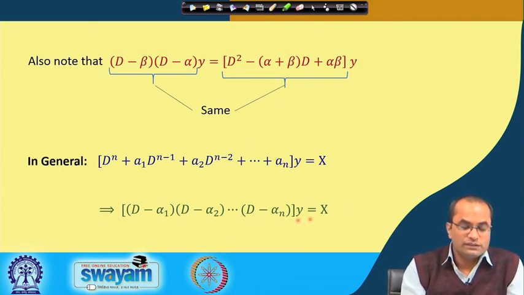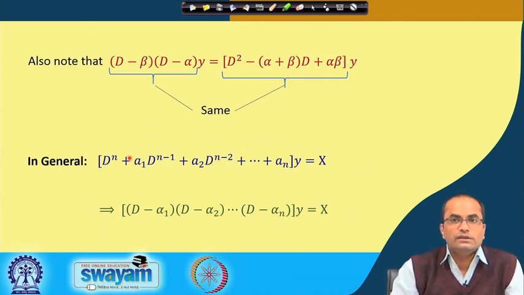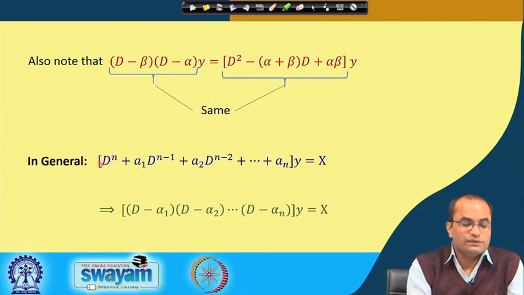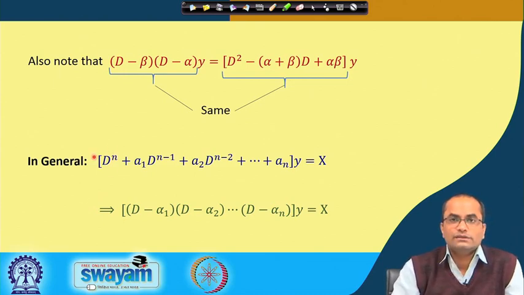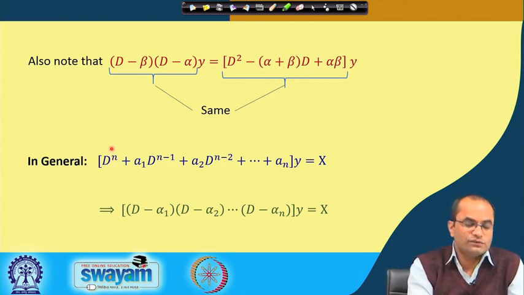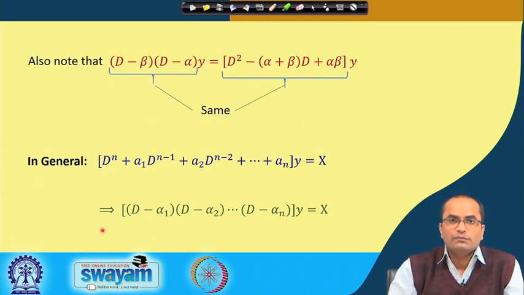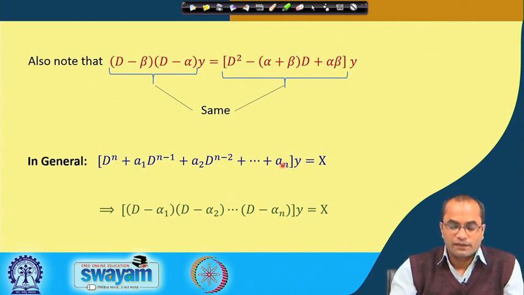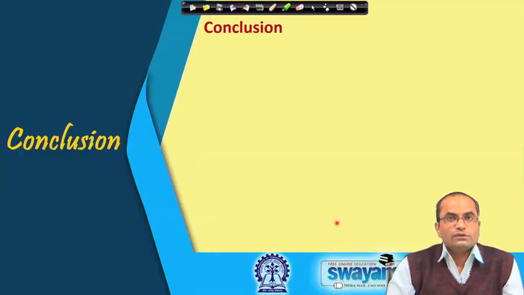With this note, which we will continue in the next lecture, it is very useful to factorize in this way, though here D n means the operator which is the nth order derivative. It is not like D power n, but like the nth order derivative when we apply it to y. Well, so coming to the conclusion.